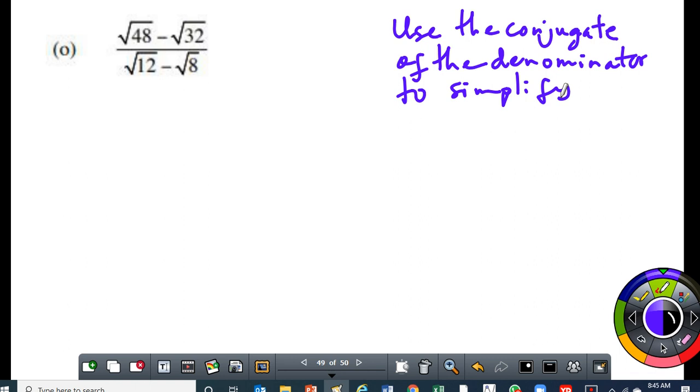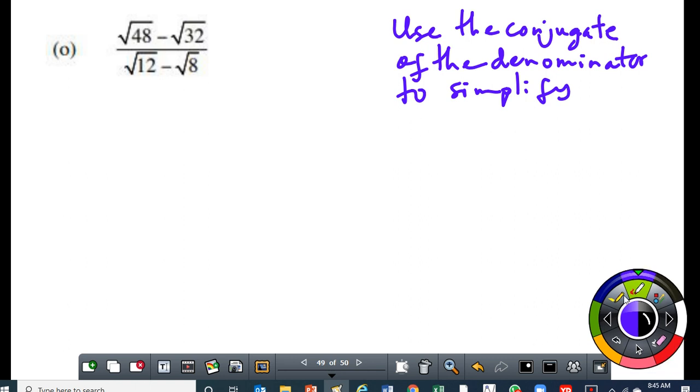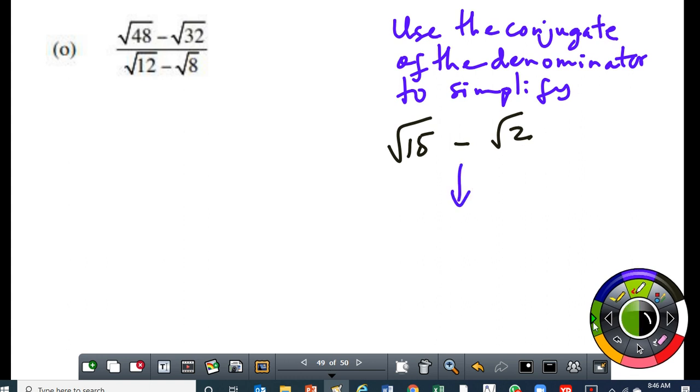Okay? Now, examples of conjugates. I'm just going to give you this one. If I give you, say, the square root of 15 minus, say, the square root of 2, the conjugate of this is going to be the square root of 15 plus the square root of 2.